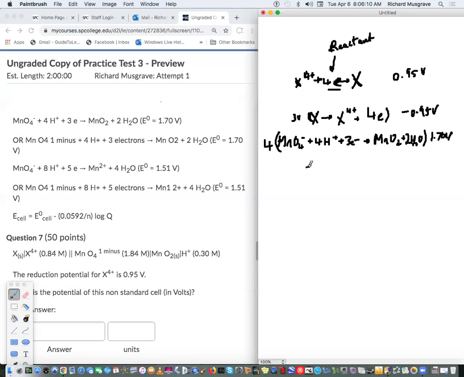Now, if we do that, we'll end up with 3X4+ plus 12 electrons gives 3X. And on the bottom, we'll have 4 MnO4 minus plus 16H plus plus 12 electrons, and that gives 4 MnO2 and 8H2O.